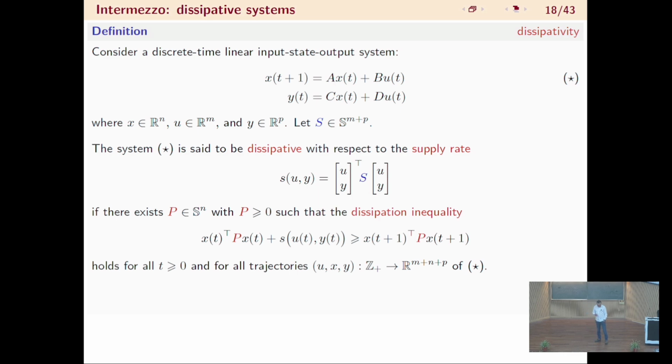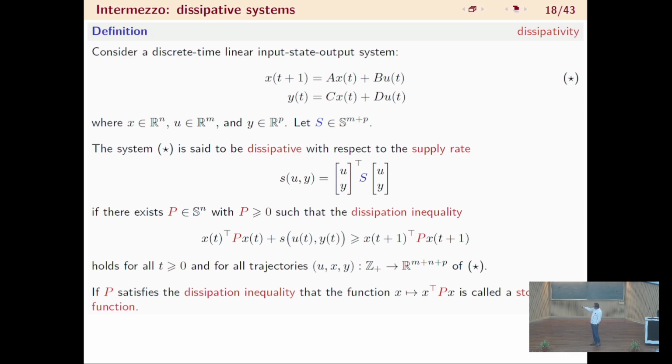And in 1972, Jan Willems wrote a paper called Dissipative Dynamical Systems. It has two parts. So it is like how many years ago? 53 years ago. And came up with this abstract definition of dissipativity, which covers many interesting cases. And well, if this dissipation inequality is satisfied, then this function, x maps to x transpose Px, is called the storage function because it resembles the energy stored in the system.